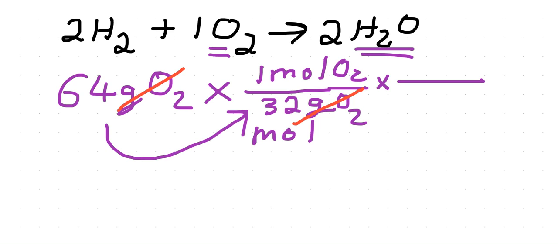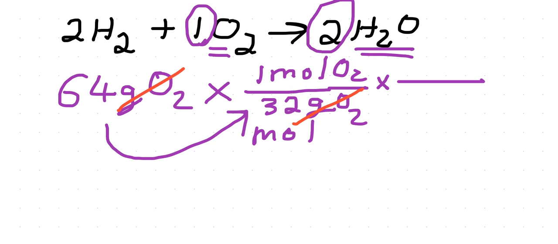The next step is to use the mole ratio to go from moles of one thing to moles of another. Since I have moles of oxygen here, what I want is moles of oxygen on the bottom, so they will cancel out.